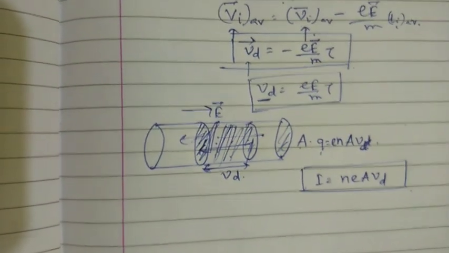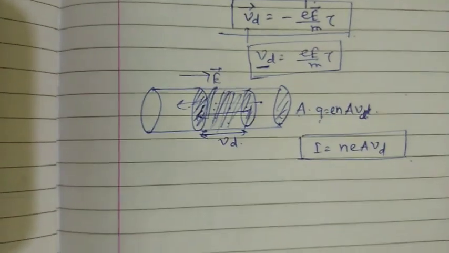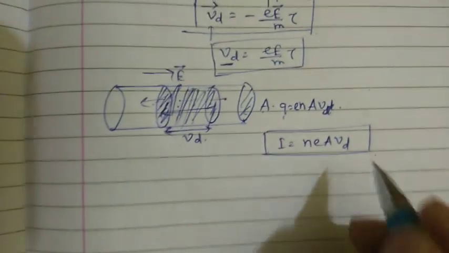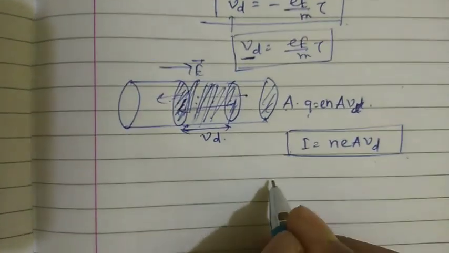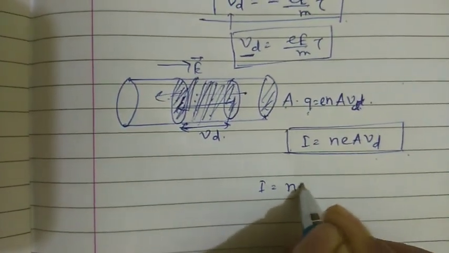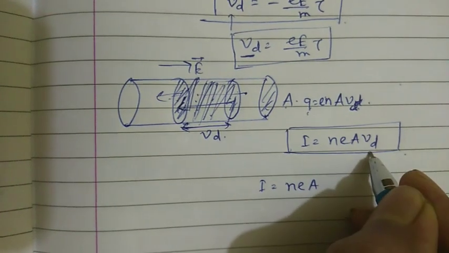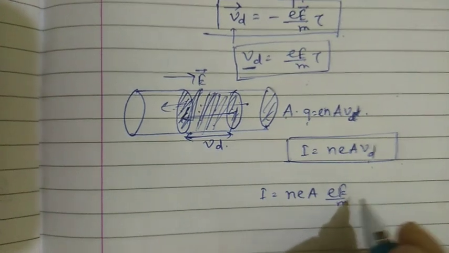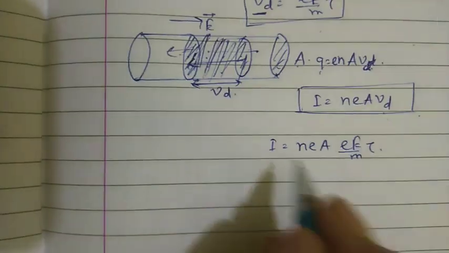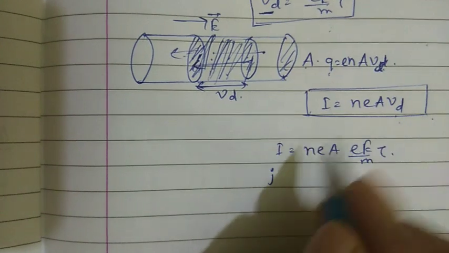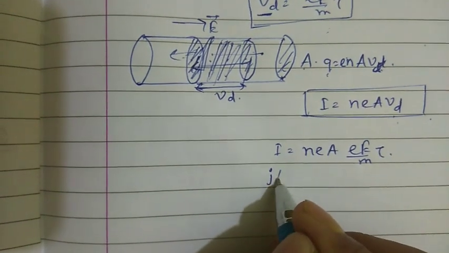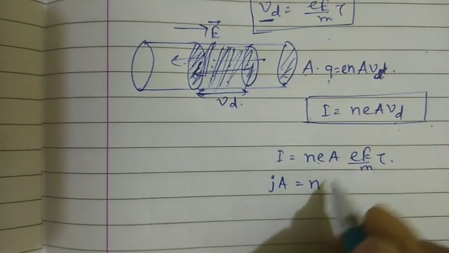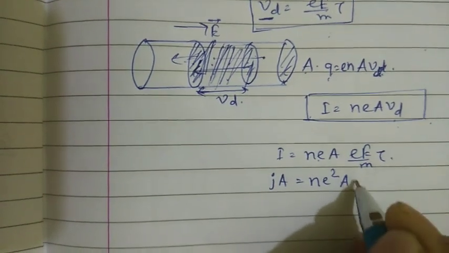Now we have to find the formula of resistivity or conductivity. So what we will do, we will put the value of drift velocity here, just the magnitude. So you can write I equals to neA into eE by m into tau. Now we can write I equals to J into A, equals to n e square A E tau by m.